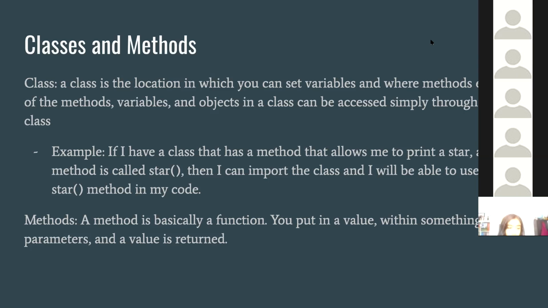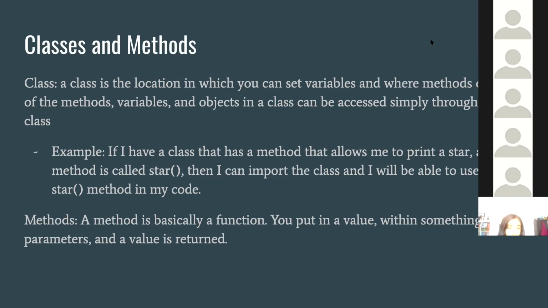I know it's all going to be pretty confusing right now, but once we move forward, everything will start to make sense. And a method, like Arshi was saying, is essentially a function. Let's say I wanted to print something 10 times.